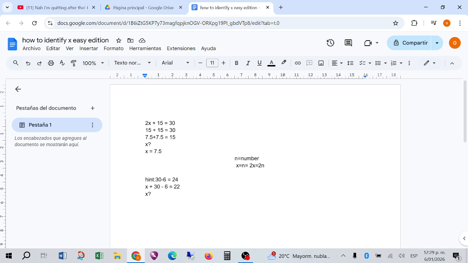Now we got another theory. Basically 2x equals 2n, as I said before. But this time it doesn't equal 2n. Instead, we change it by a plus, a plus 2n.